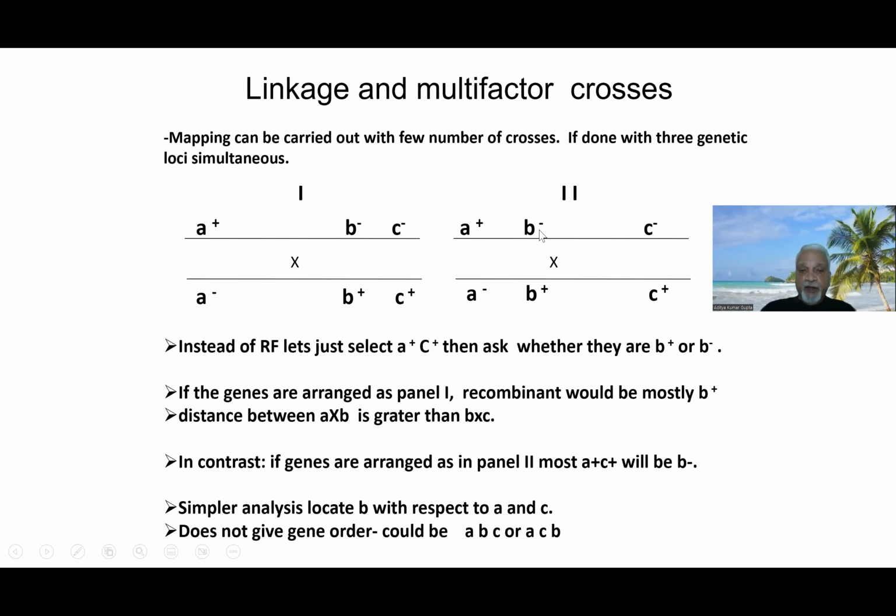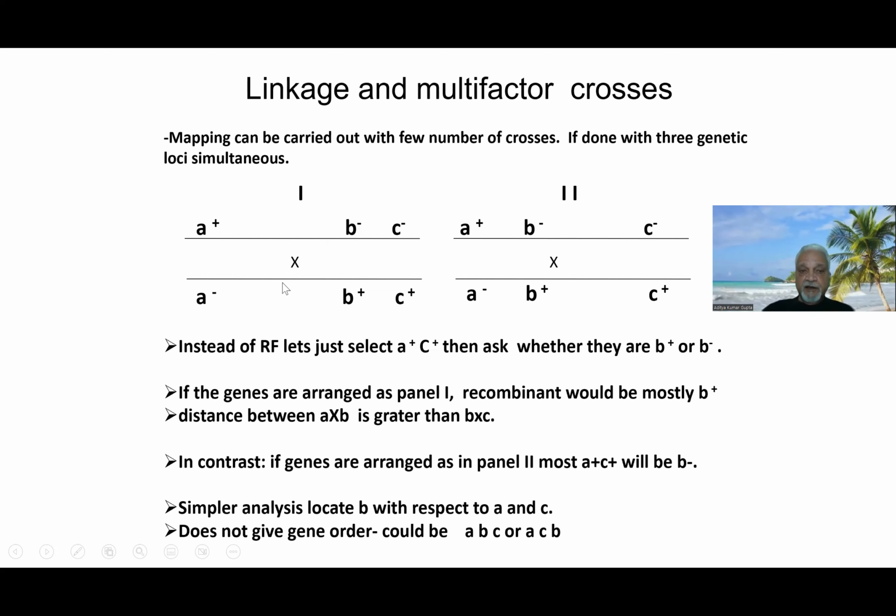So when you cross these two, and then look for the A plus C plus phenotype, ask the question: out of this A plus C plus, how many are B plus? How will the A plus and C plus be obtained?